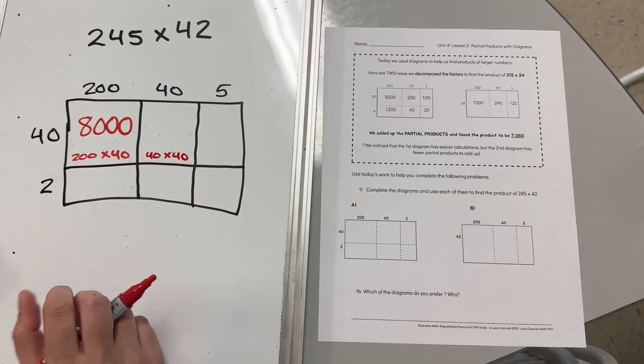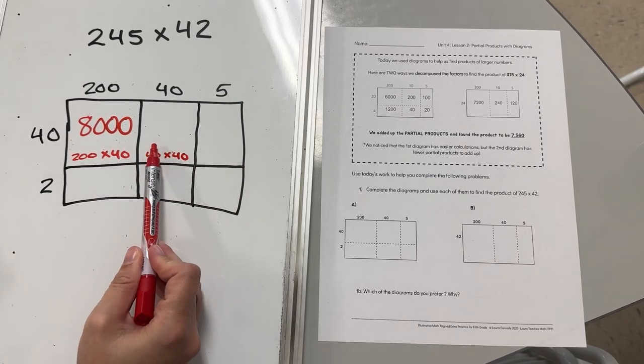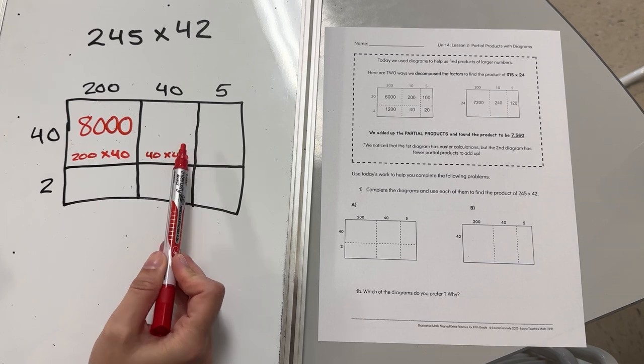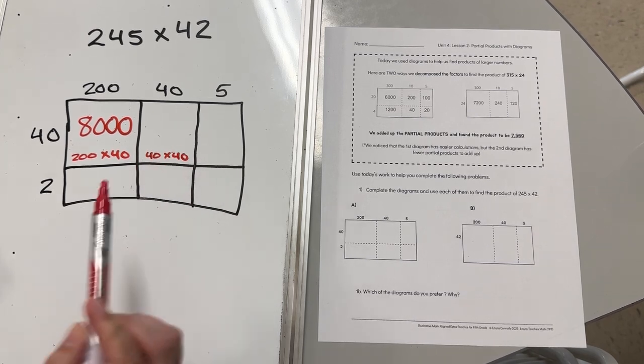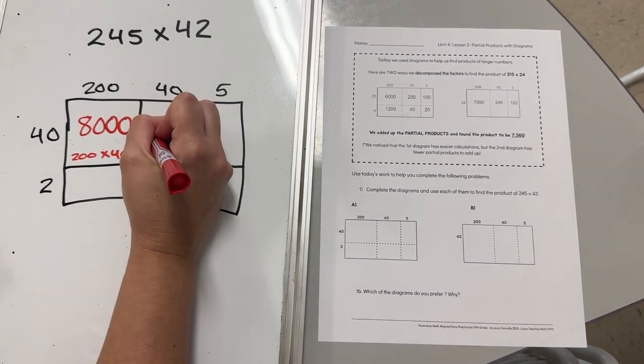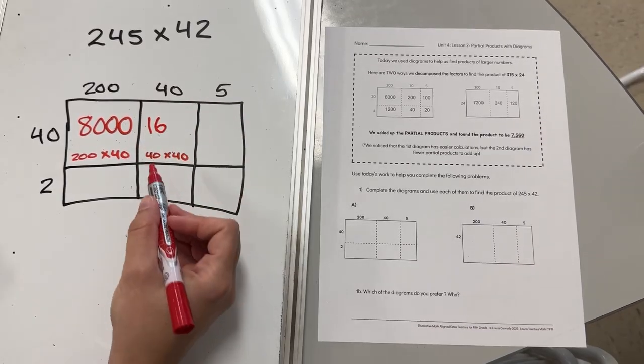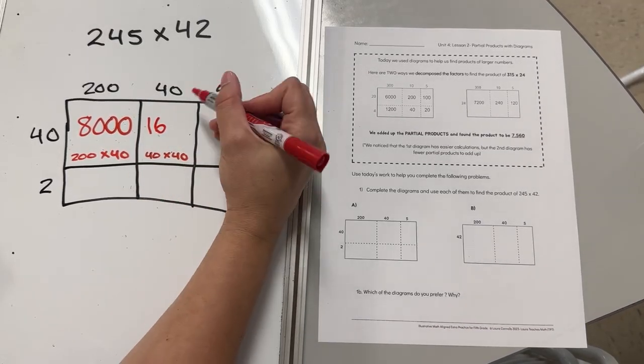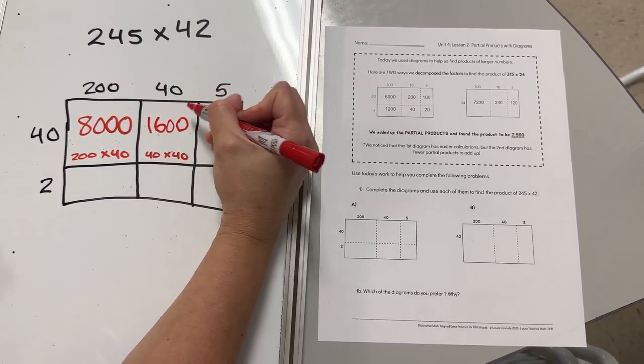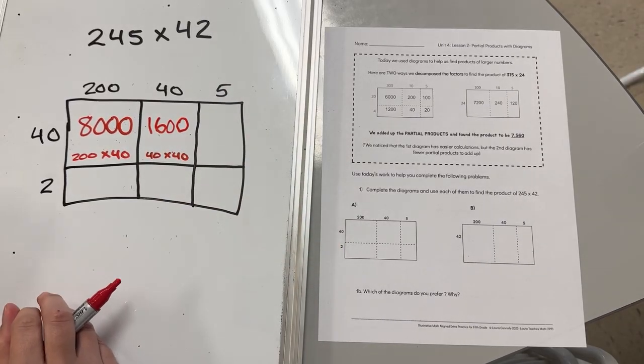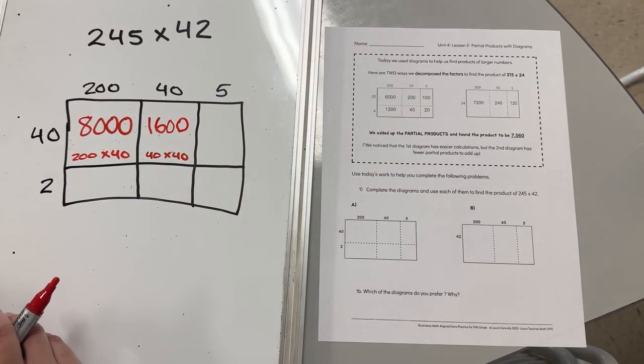I'll follow that same rule of zeros, covering up each of the zeros in turn, making it 4 times 4. I know that 4 times 4 is 16, and I covered up 2 zeros, so I have to add 2 zeros onto my number to make it 1,600.